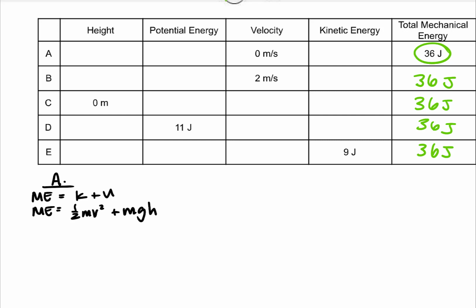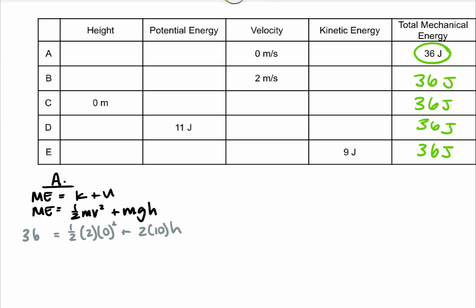I know the total mechanical energy is 36 joules, and that's equal to 1/2 times the mass 2 times the velocity 0 squared plus mgh. So mgh here is 2 times 10 times the height that we don't know.